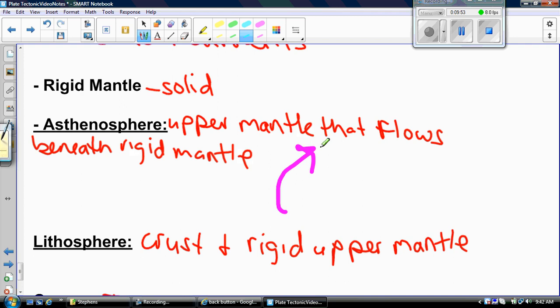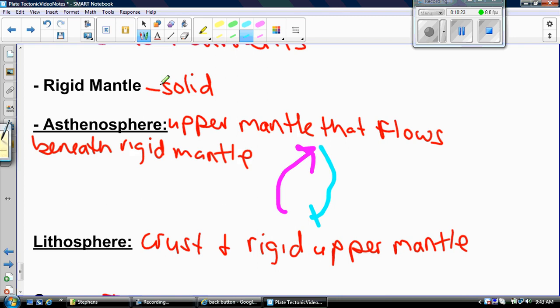And when it has less kinetic energy, it's denser or heavier and it sinks. This forms what's called convection currents. So as warm magma rises, cools and then sinks, you're getting a convection current. That's what creates the flow of magma. And if our crust is sitting on the mantle and the mantle moves, then so does our crust. And therefore we have continents moving.